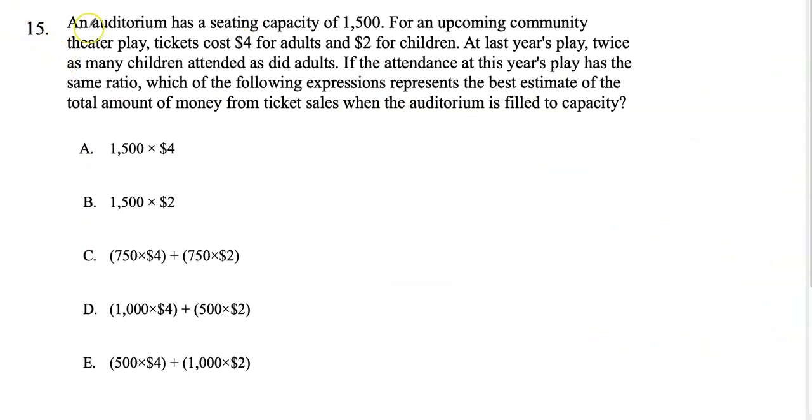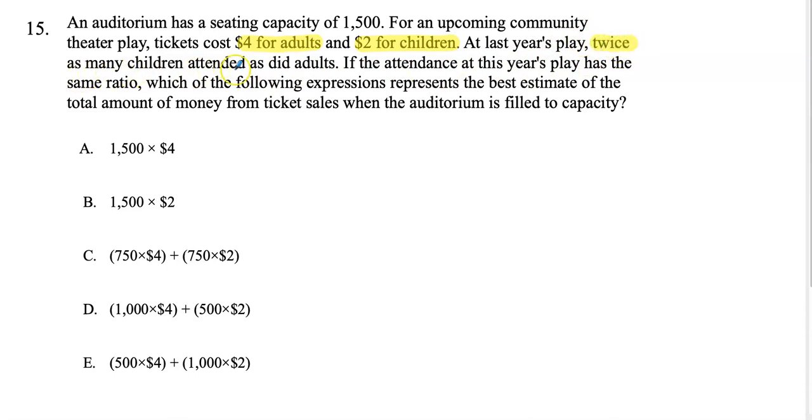Question 15. An auditorium has a seating capacity of 1,500. For an upcoming community theater play, tickets cost $4 for adults. I'm going to highlight that little piece. It's $4 for adults. And for children, it's $2. At last year's play, twice as many children attended as adults.